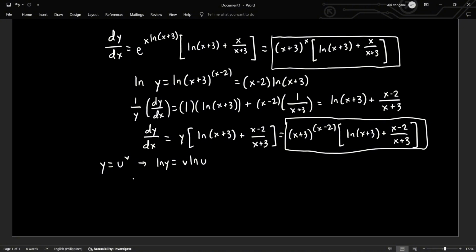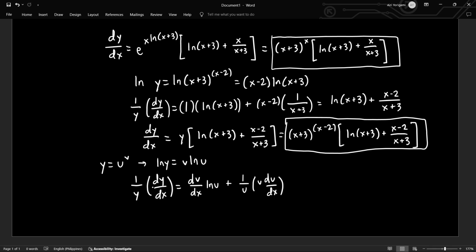Then if we use implicit differentiation, 1 over y times dy over dx equals dv over dx times ln u plus 1 over u times v du over dx.